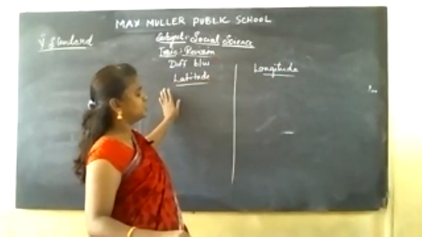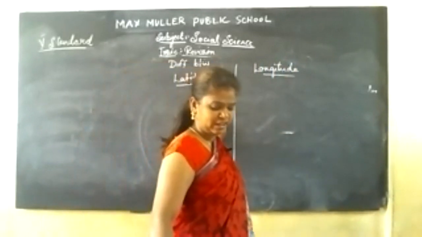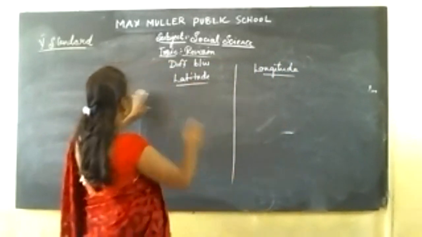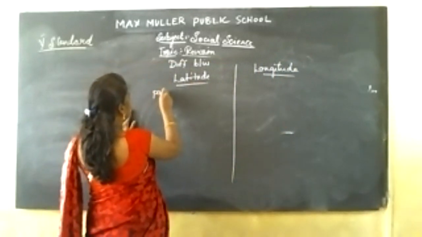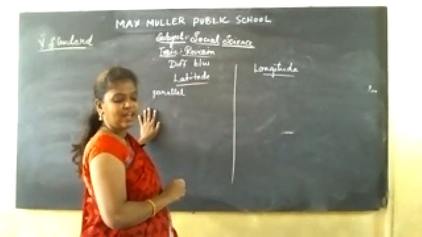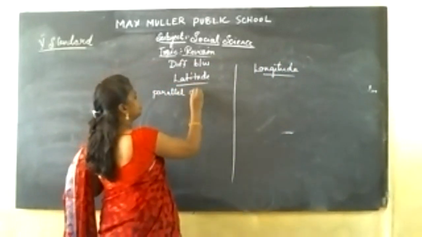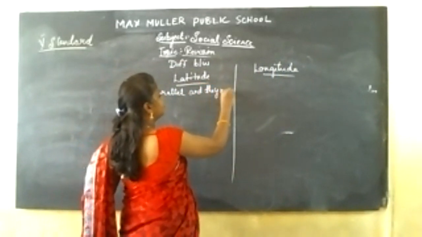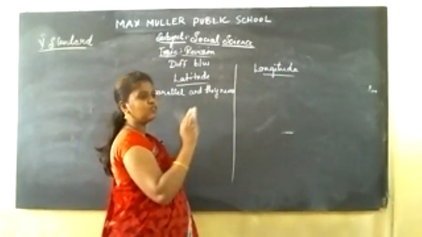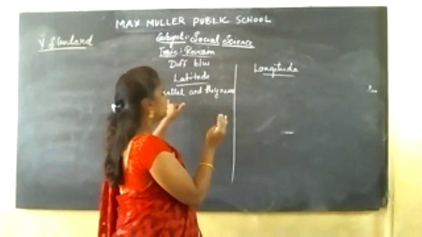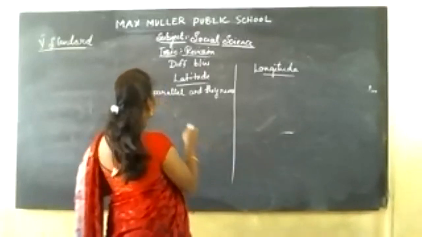So what is the difference between the latitude and longitude? Here the latitudes are parallel and they never meet each other. So what happens? They never meet each other. Latitudes never meet each other. So that is why the latitudes are called parallel.